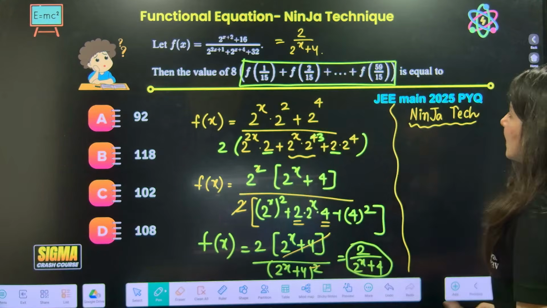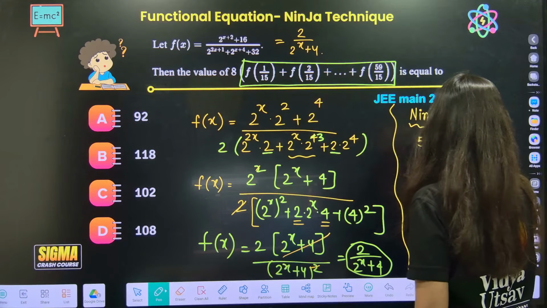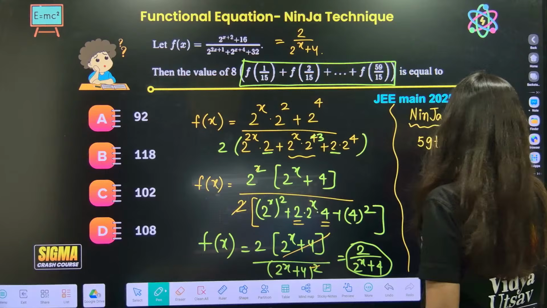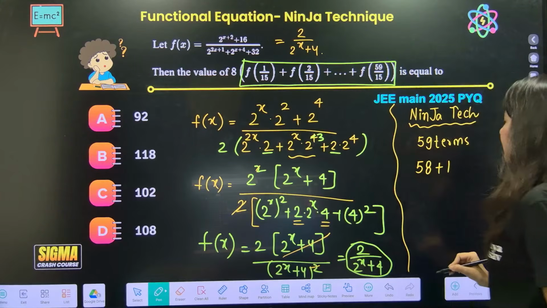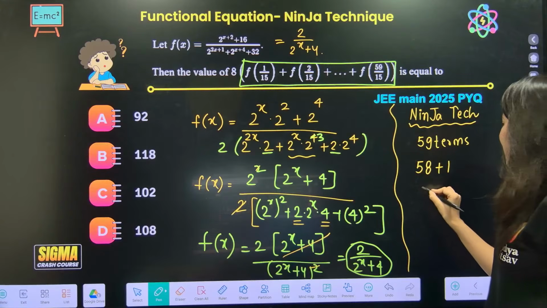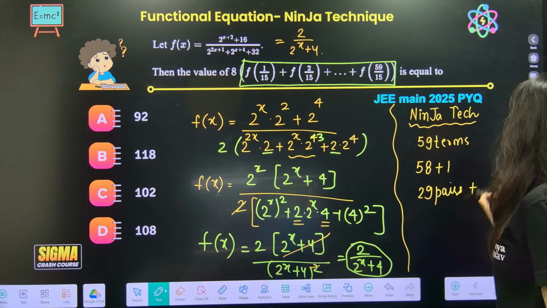So ma'am, how many terms? 1 to 59, total 59 terms. Okay, 59 terms, which means 58 plus 1. 58 means what? 29 pairs plus 1 extra term.